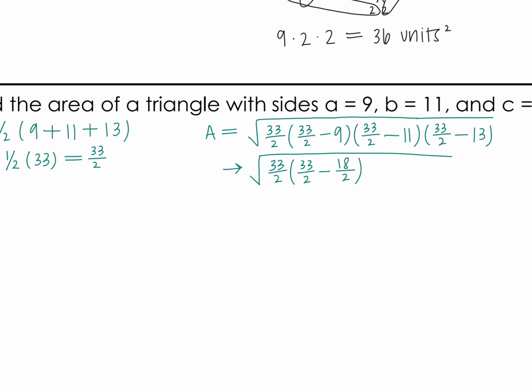Okay, and if you double check yourself by simplifying, you should get that 9 again. Then we'll have 33 over 2 minus 22 over 2. And then lastly, 33 over 2 minus 26 over 2.